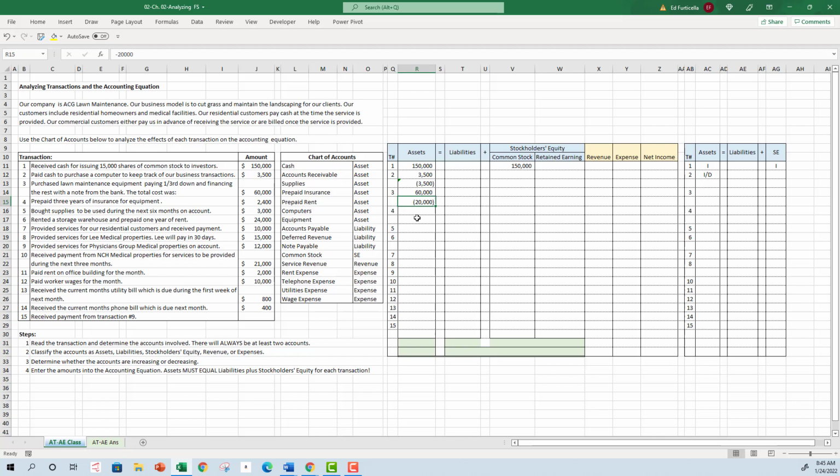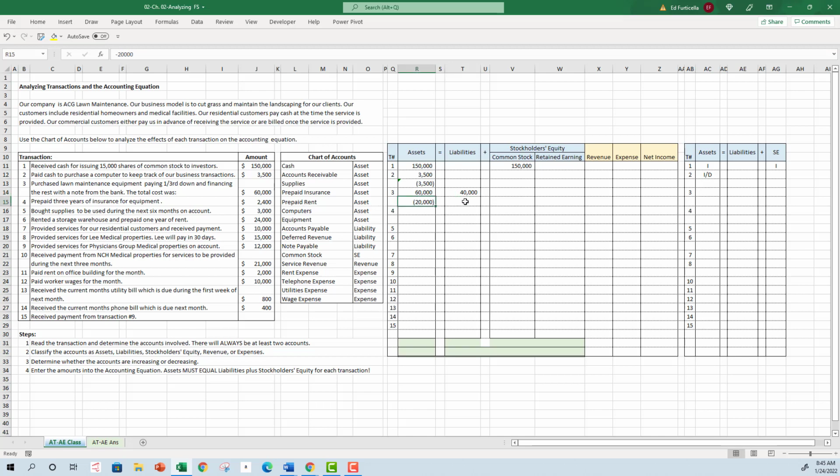We borrowed $40,000 from the bank in order to purchase this piece of equipment. The cash paid of $20,000 plus the amount borrowed of $40,000 equals the $60,000 cost of the equipment.